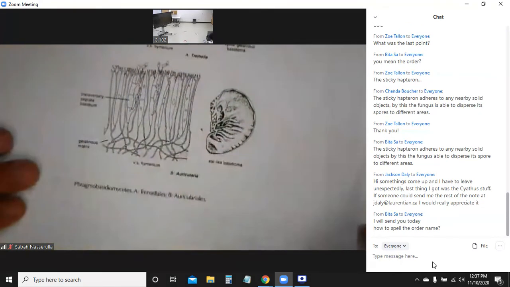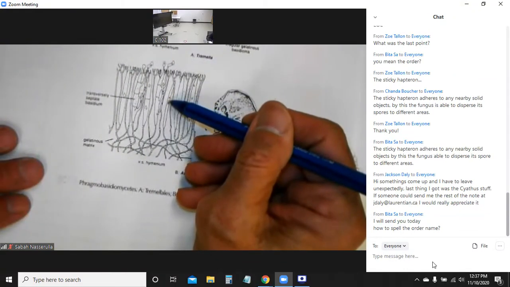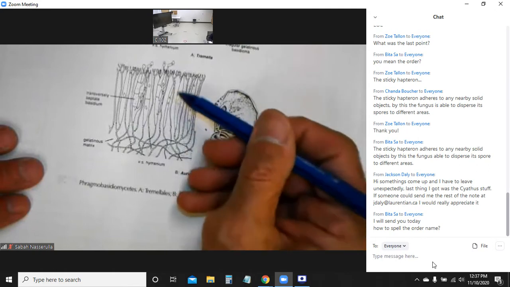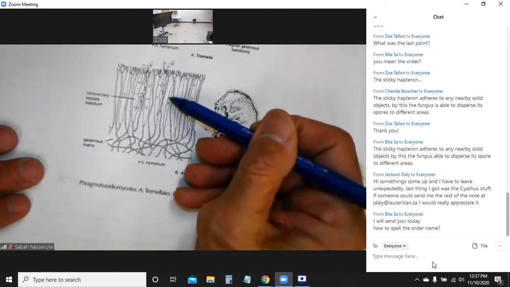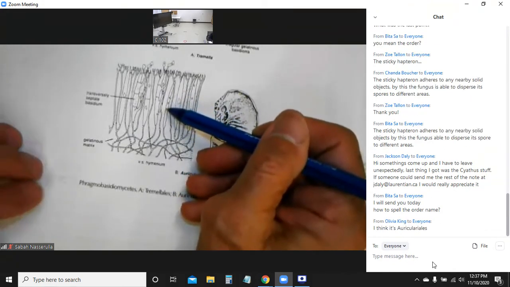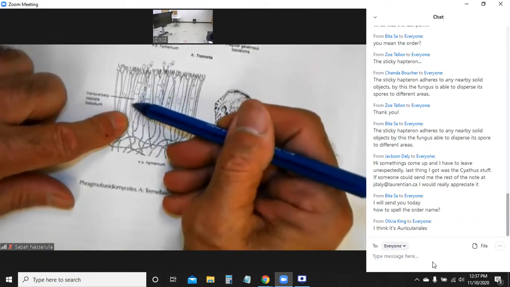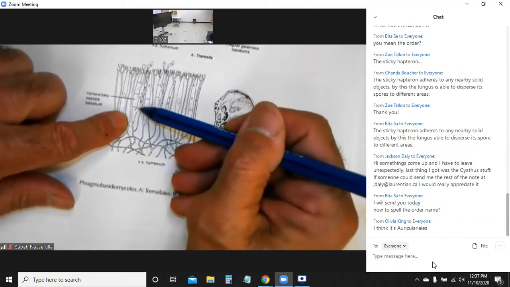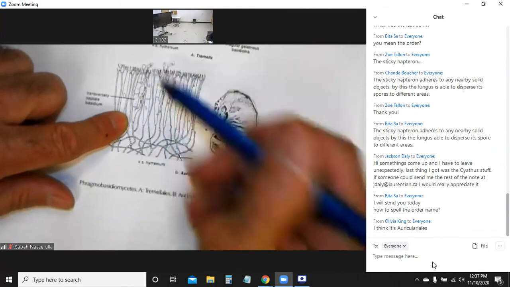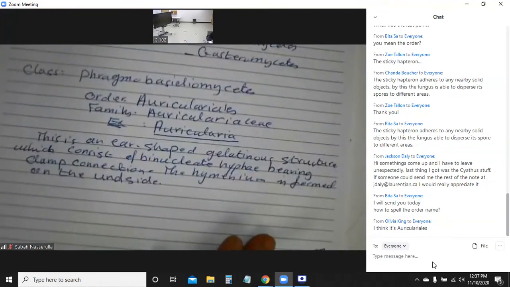This is the hypha, the stage of the dikaryon; you see it has two nuclei. But after karyogamy and meiosis, this cell is vertically fragmented into four, and from each one an arm will develop, and in the end the basidiospore will be at the end.